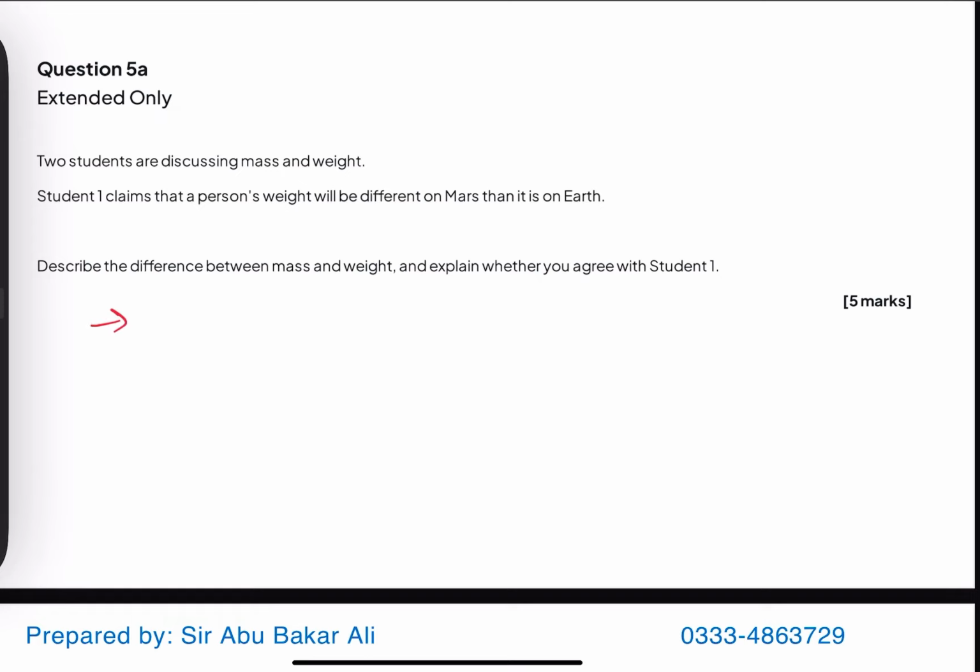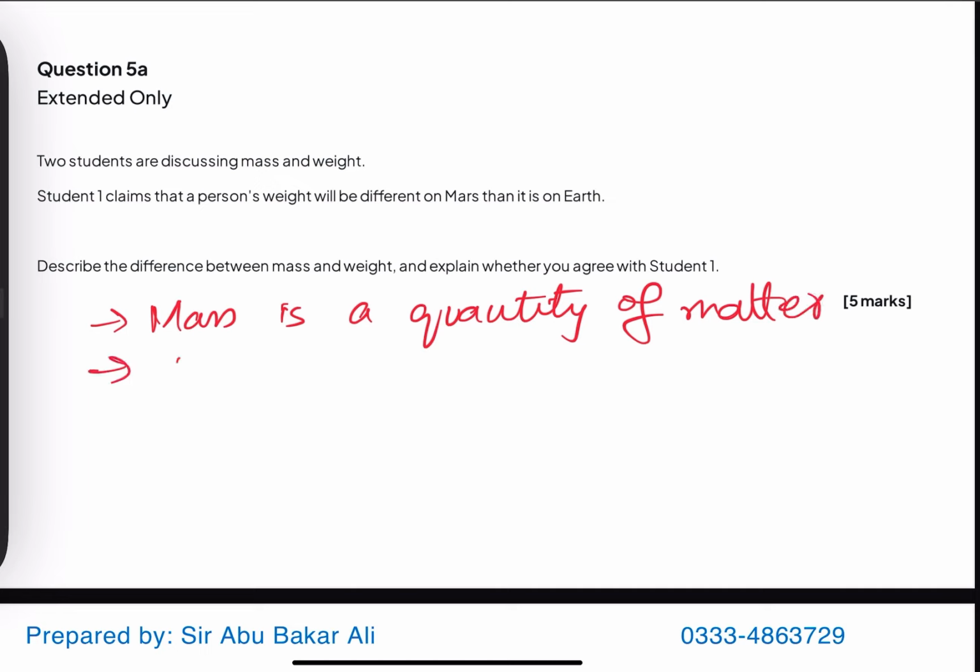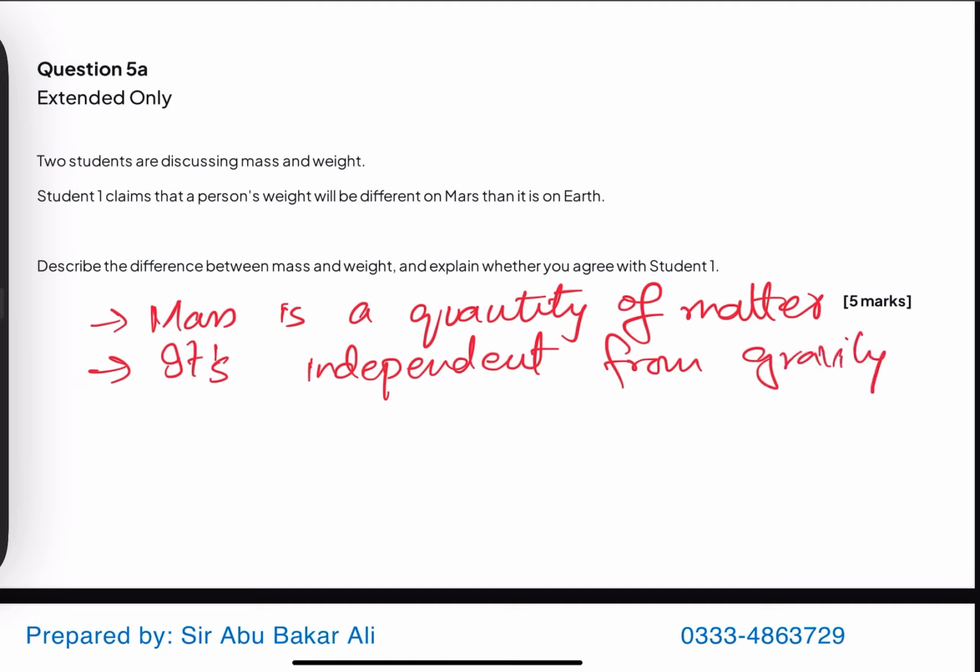So mass is a quantity of matter. Secondly, it is independent of gravity. So it does not matter whether the object is on the Earth or on Mars, the mass will remain the same.